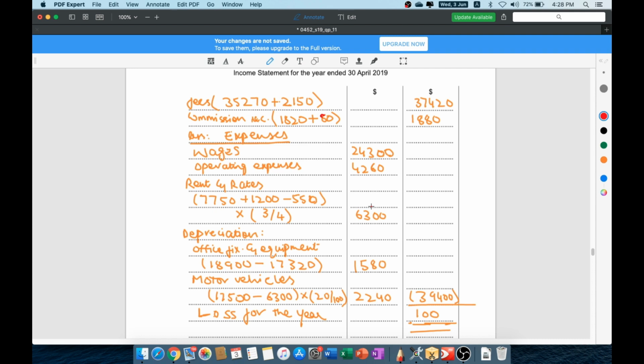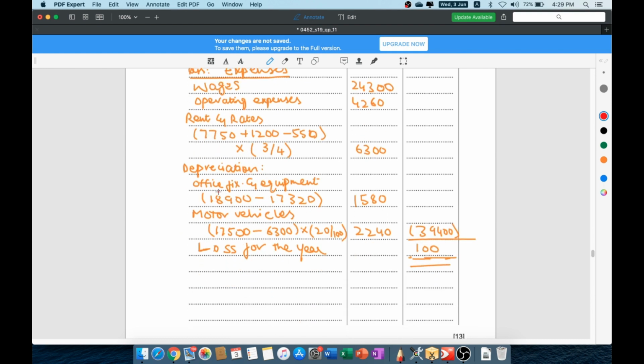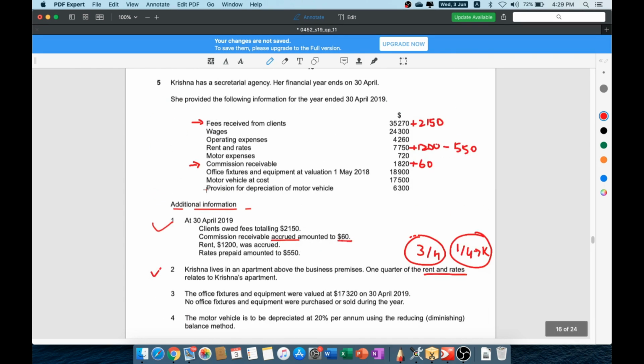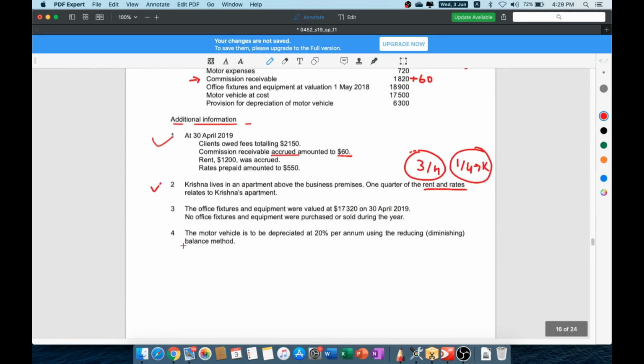The total of rent and rates without multiplying is actually $8,400, and we multiply that by 3/4, that gives us $6,300.